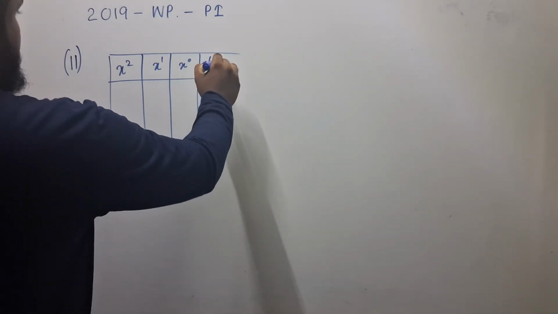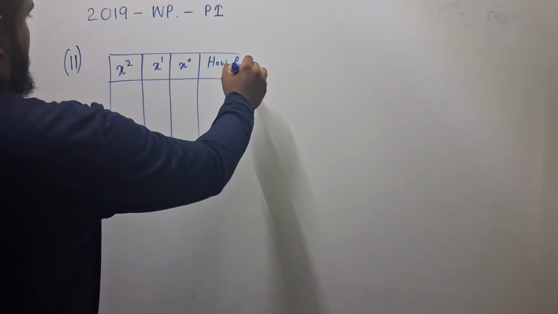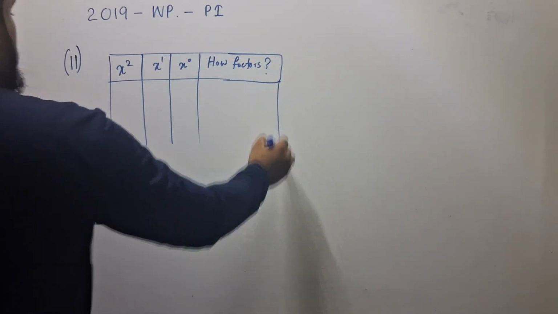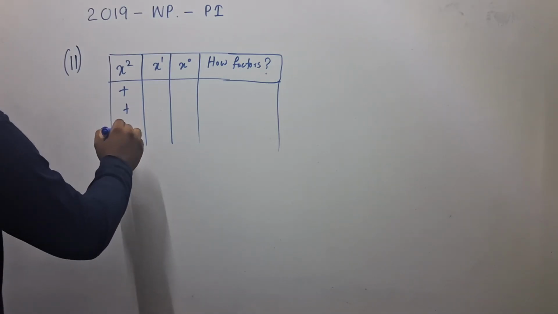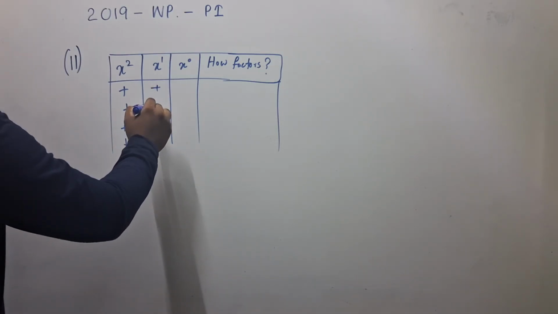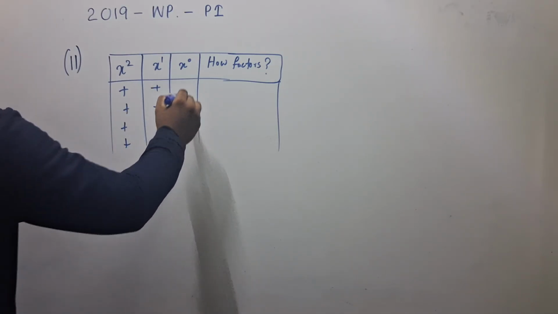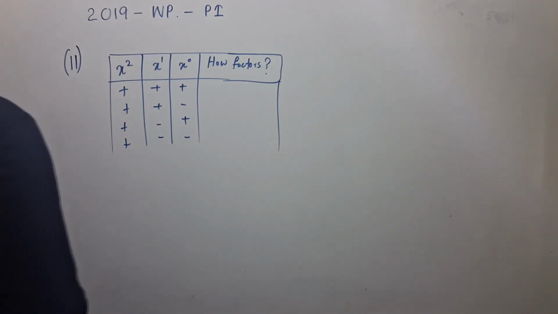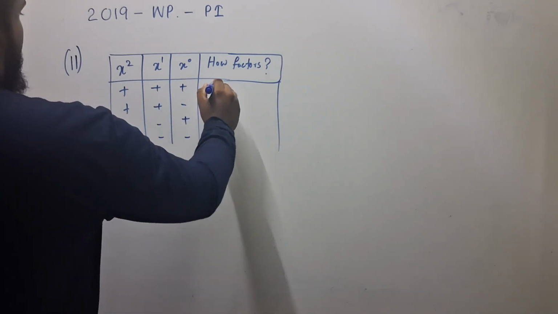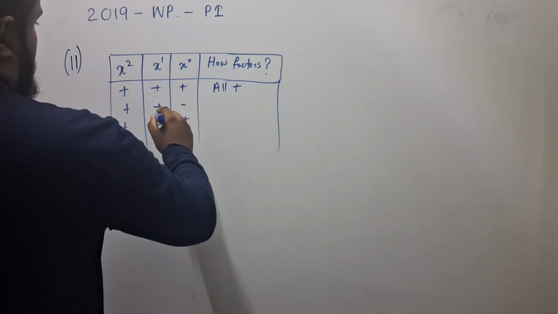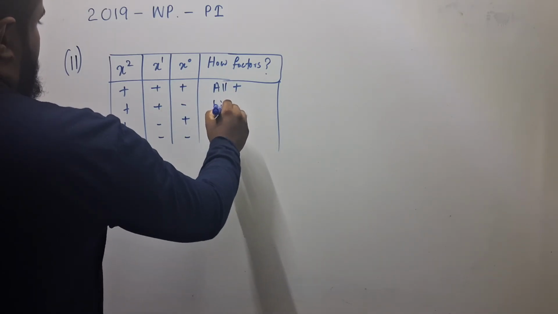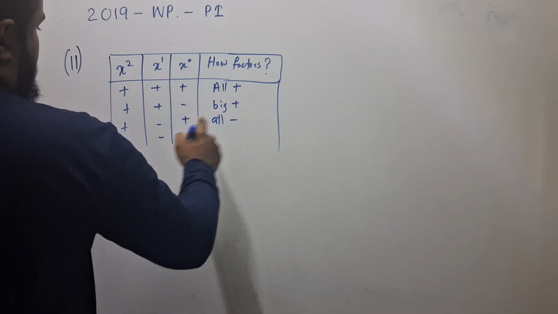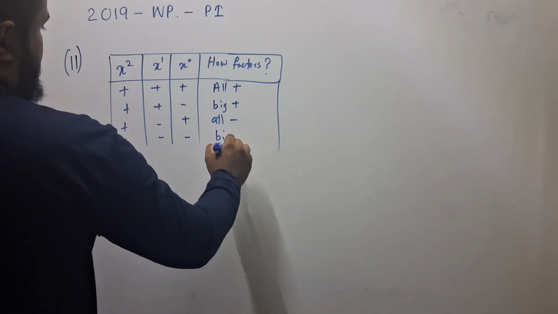How do factors work? All plus, big plus; all minus, big minus.